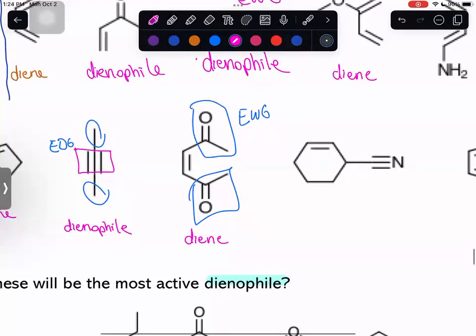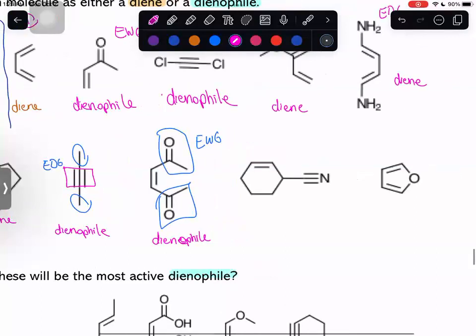Okay, I see. So is that going to be a good dienophile? Yes, we have a lot of electron withdrawing groups, so that's going to make the reaction happen a lot faster. Okay, the other example, fourth reaction, what is it? Dienophile, exactly. What kind of groups do we have?